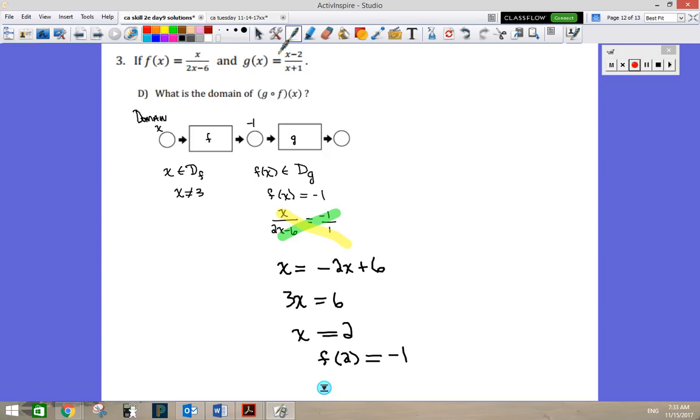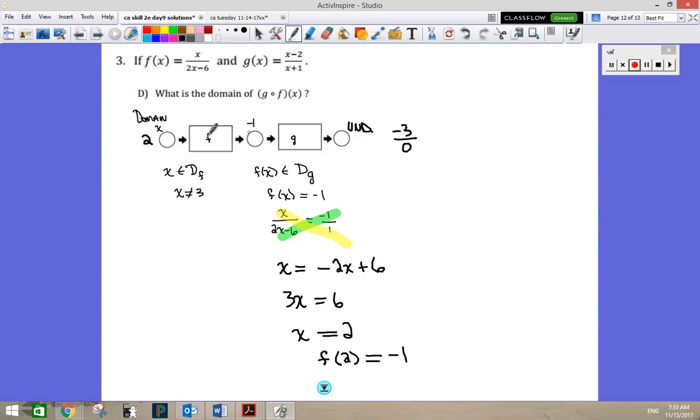So if we allow 2 to be in the domain, f is going to produce a -1, and then g is going to say, no way, I can't handle that. Its output's going to be undefined, because when it sees this -1, it's going to produce -3 divided by 0, and that's not a number.